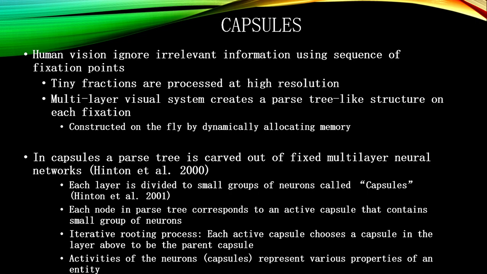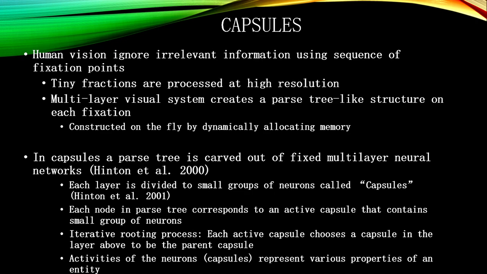Capsules and human vision ignore irrelevant information using a sequence of fixation points, where tiny fractions are processed at high resolution. The multi-level visual system creates a parse tree-like structure on each fixation, constructed on the fly by dynamically allocating memory.